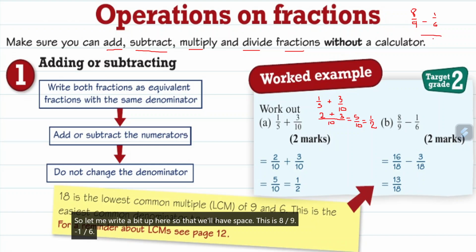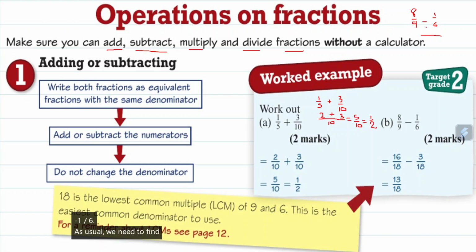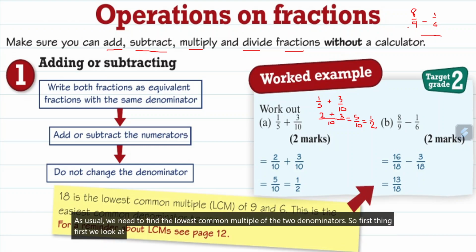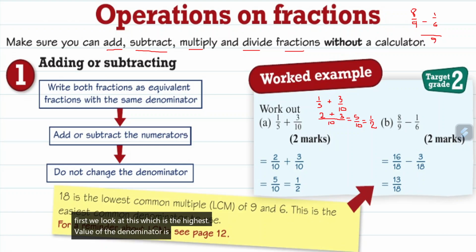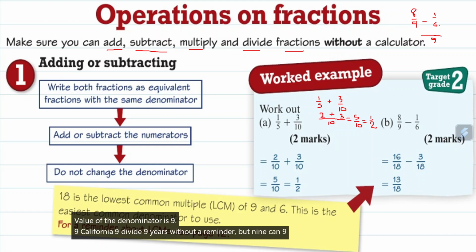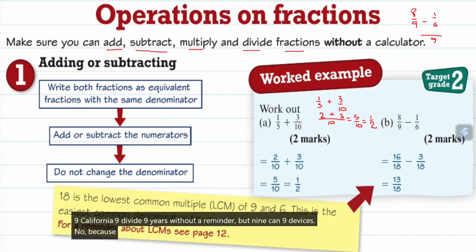As usual, we need to find the lowest common multiple of the two denominators. So first thing first, the highest value of the denominator is 9. Can 9 divide 9? Yes, without a remainder. But can 9 divide 6? No, because 9 divided by 6 will be 1, remainder 3.